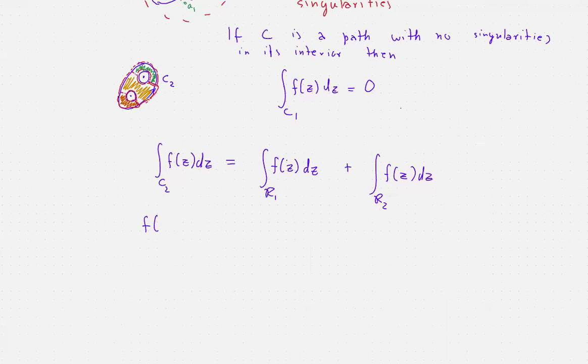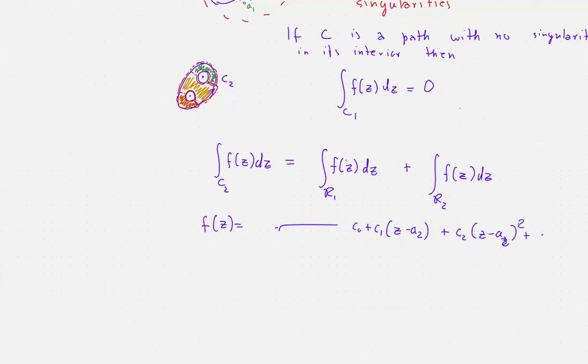It would be C naught plus C1 (Z minus A2) plus C2 (Z minus A2) squared, sorry, this A2 everywhere, plus C minus 1 times (Z minus A2) to the negative 1 plus C minus 2 times (Z minus A2) to the negative 2, and so on and so forth.